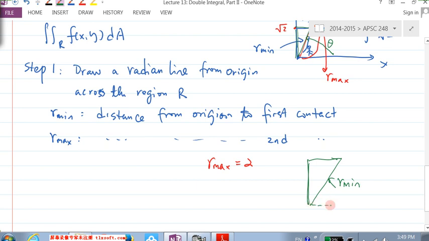And at the bottom here, this is theta. What's the length of this side? Root 2. Now looking at this, see if you can find a connection between r min and theta. If this is theta, where else is theta? So what would the relationship be now?